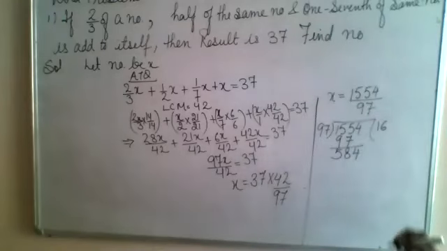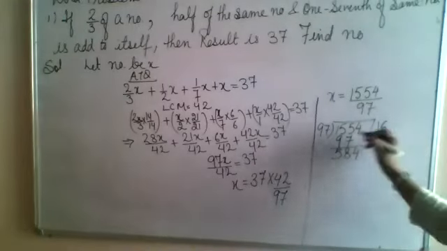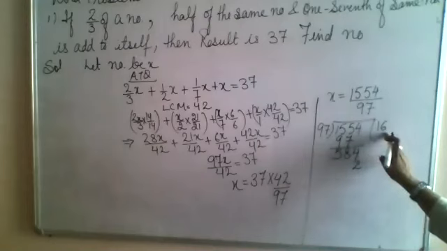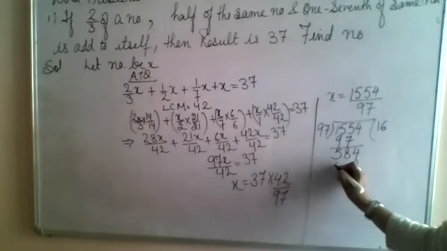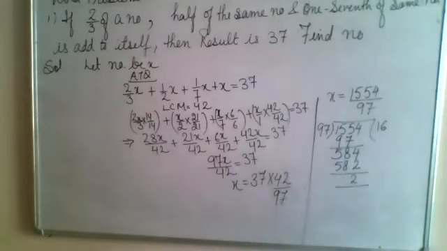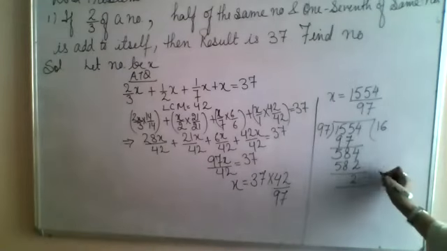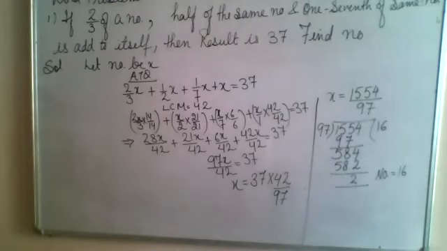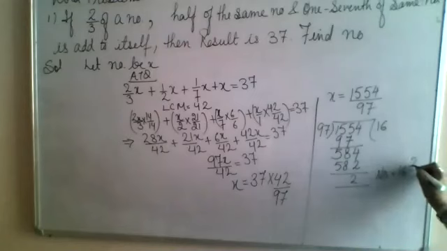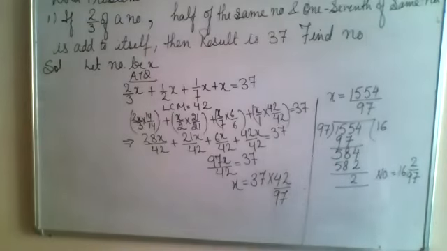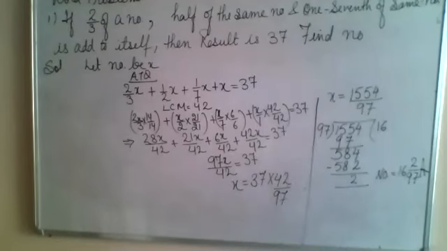Then 16. 97, 16 are 6, 7 is 42 and 9 6 are 54. 54 and 4 is 58. Remainder is 2. So your final answer will be, number will be 16 whole 2 upon 97. Your final answer will be 16 whole 2 upon 97.